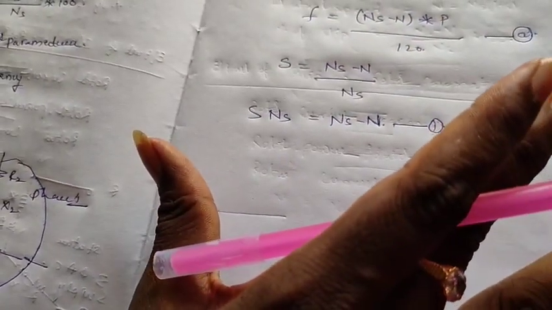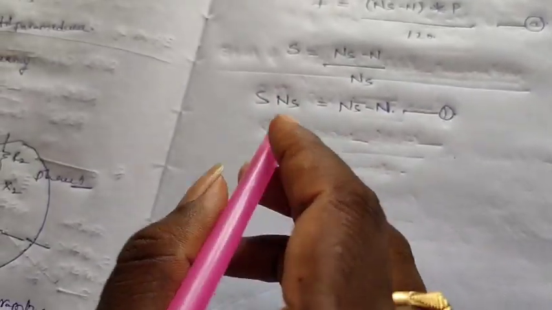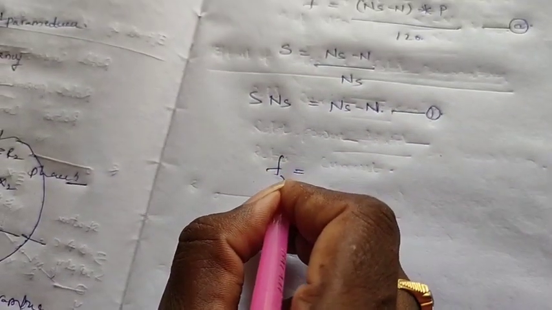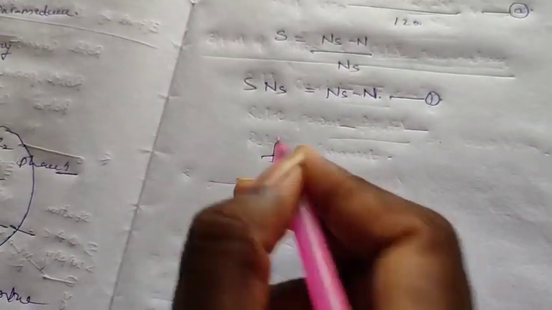Replace Ns minus N with slip times synchronous speed, that is equal to frequency of the rotor. That's why we indicate f suffix r.